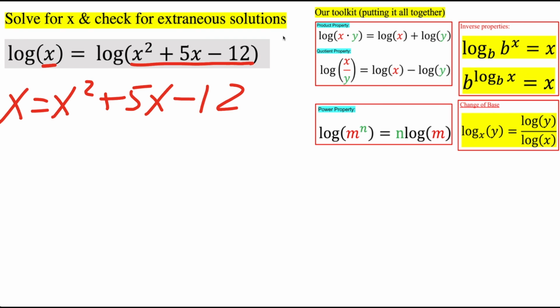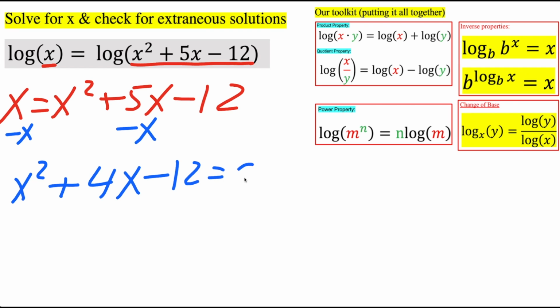And the way we're going to solve this problem is ultimately by factoring. So we want to make one side equal to 0. So we want to get rid of this positive x, and we can subtract x on both sides. So we're going to get x squared, 5x minus 1x is positive 4x, and negative 12 is equal to 0. Okay, at this point, we're going to factor, and I have a lot of playlists on how to factor.